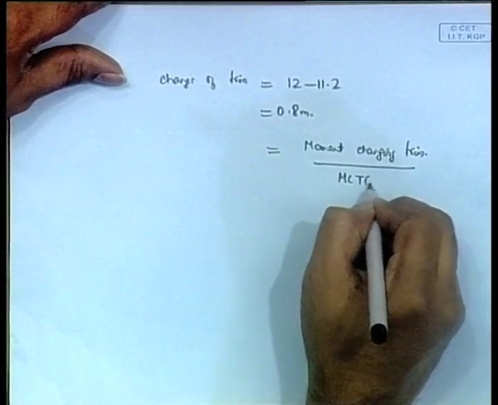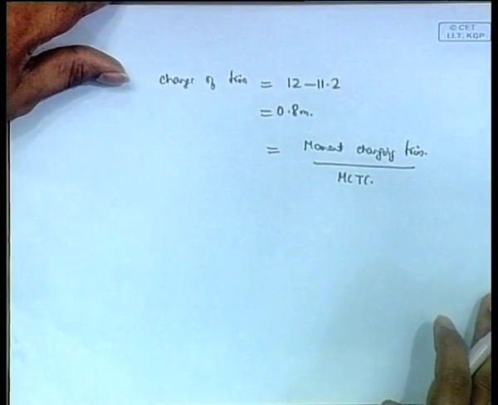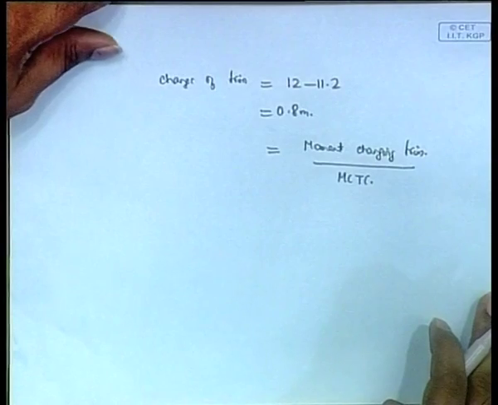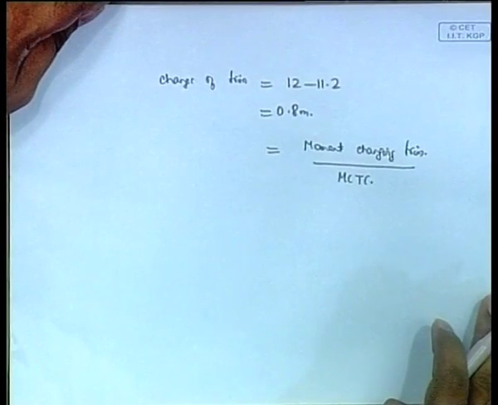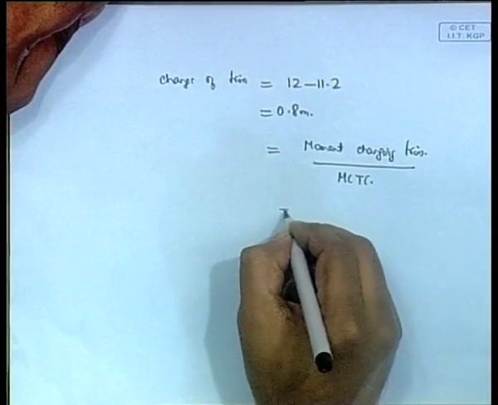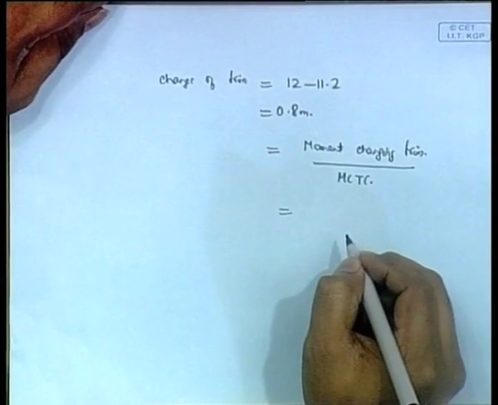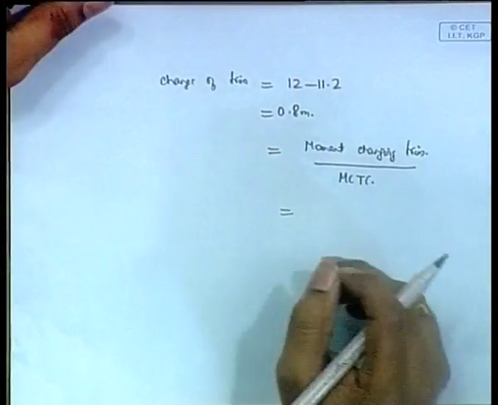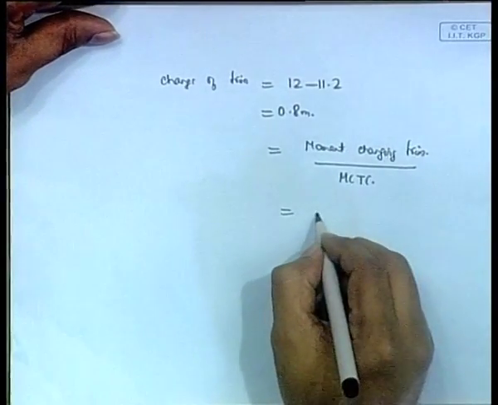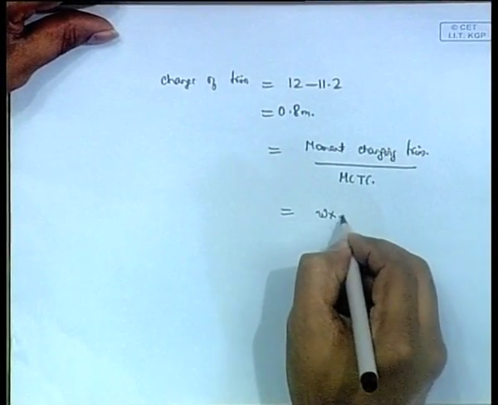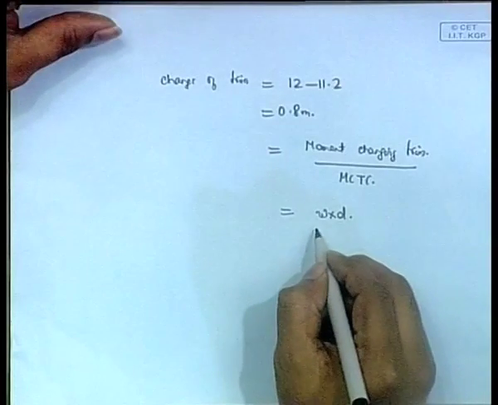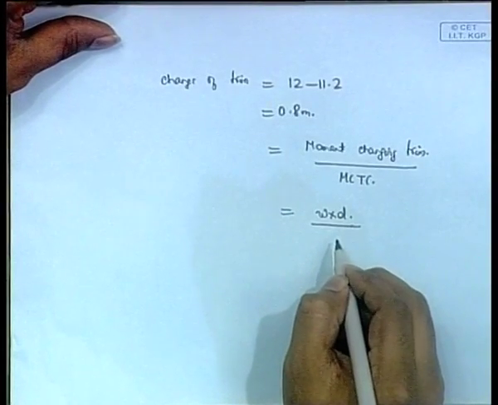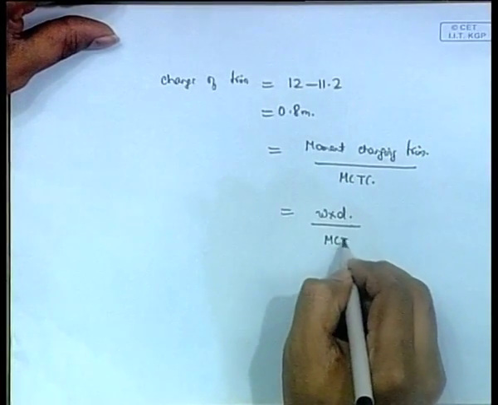What is the moment changing the trim here? The weight moved is W and the distance over which it is moved is D, which we already know. This is the moment causing the trim, divided by MCTC.